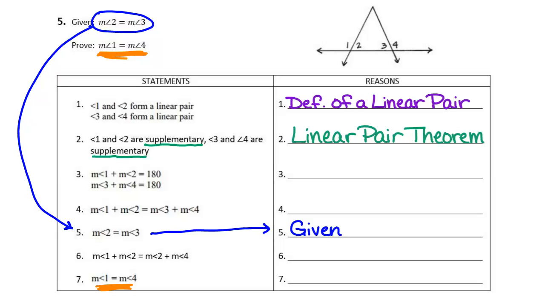All right, let's see what we're saying in statement number 3. Statement number 3, we said angle 1 plus angle 2 equals 180. Angle 3 plus angle 4 equals 180. But in the step right above it, we were saying that they were supplementary. Why can I jump from saying that those angles are supplementary to now turning them into equations?